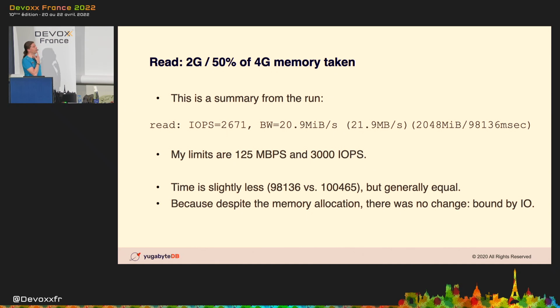Oh sorry, the first run obviously, I invalidated the cache. So the first run is identical because I did not have any of these pages and I read them, so it needs to be the same. This time is roughly equal, and because it's bound by my I/O latency doing physical I/O, there was no change here.